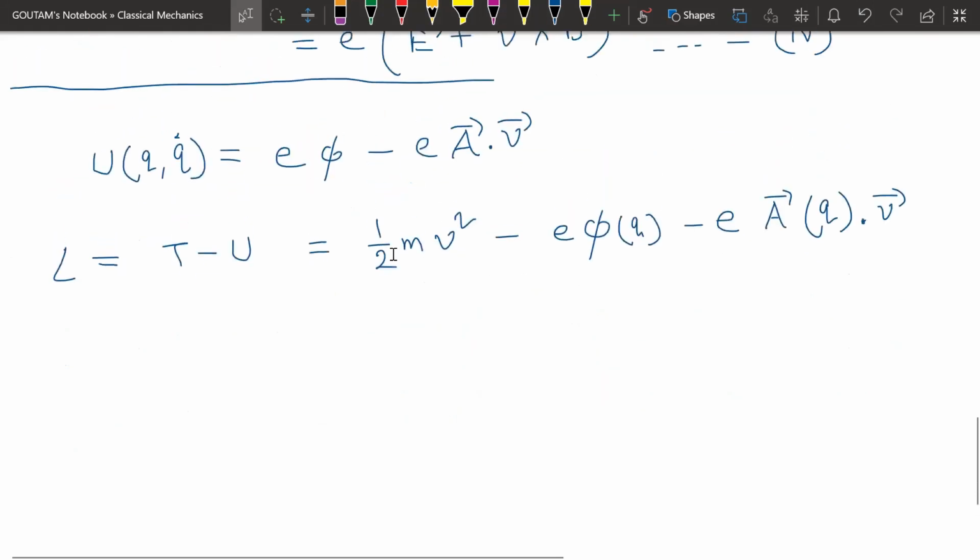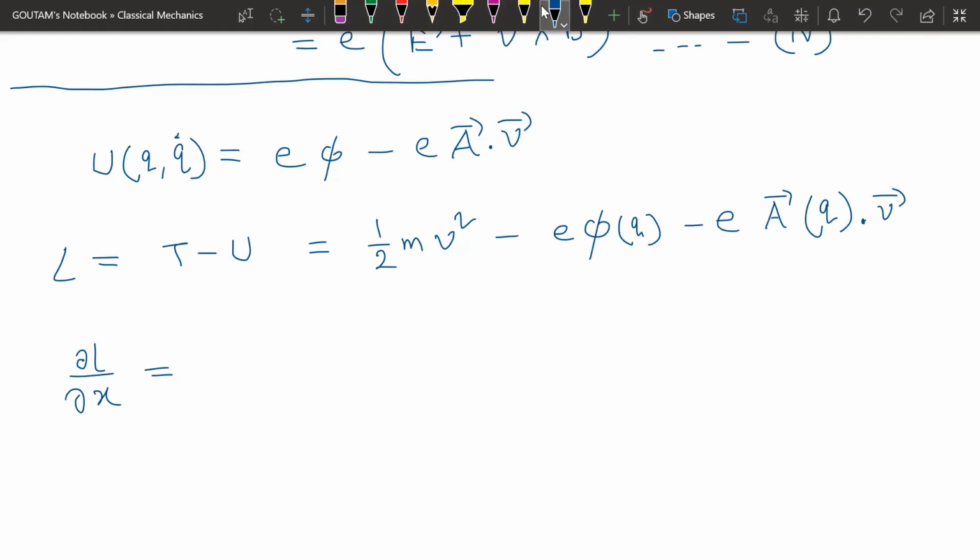So now let's see what the Lagrange's equations of motion are in this case. We will calculate ∂L/∂qj. Here the generalized coordinates are the x, y, z coordinates. So let's look at the x coordinate, because we are trying to find the x component of the force.